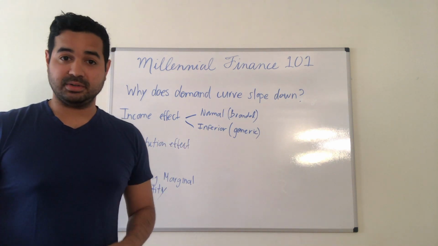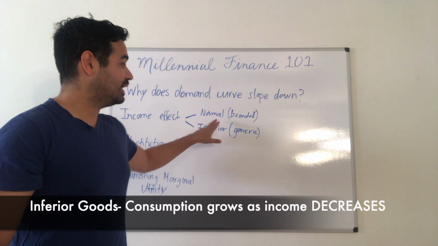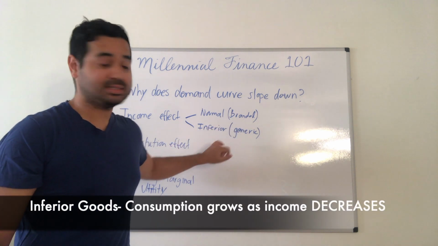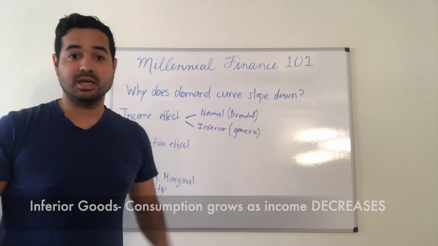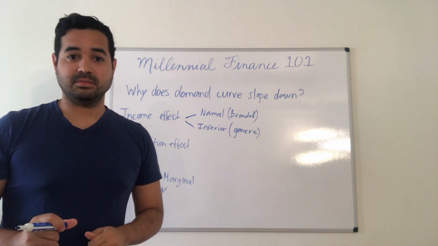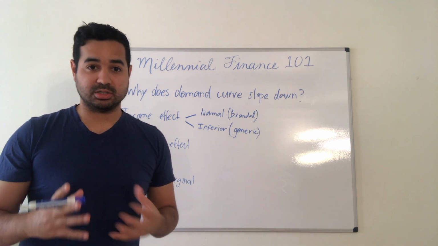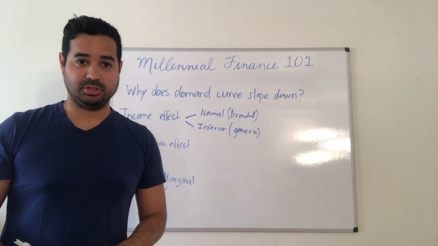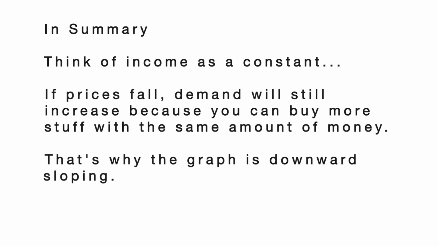If you have a decrease in income, you're going to buy less normal goods and more inferior goods. So basically, the income effect shows you how you change your spending habits based on consumption. The income effect says that if your income stays the same and prices fall, you're still going to buy more because relative to the price, you can now afford more units of something.